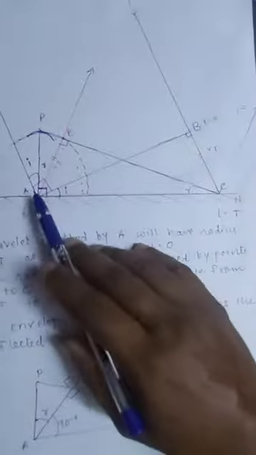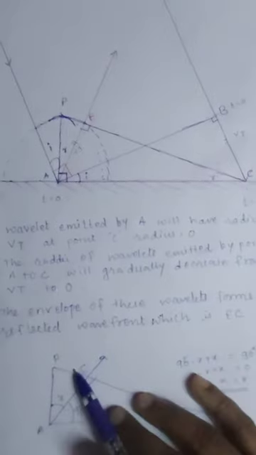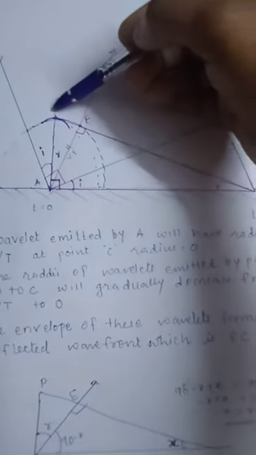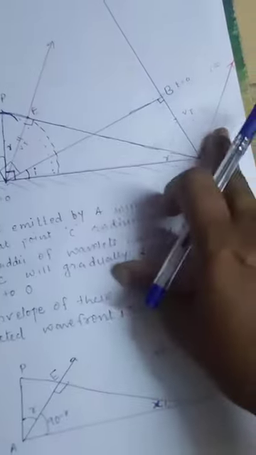The radius of the wavelet goes on decreasing from A to C. The maximum radius will be vt and at the point C the radius will be 0. If we draw an envelope, we get the reflected wavefront EC.